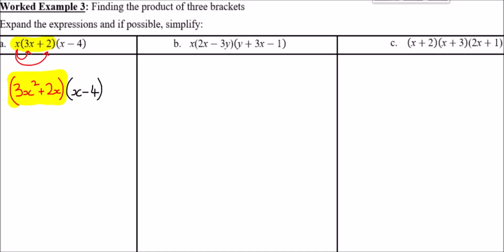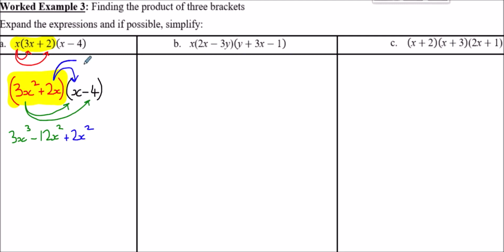Now we've done that, we can carry on and work through like we did for worked example 2. So we can multiply the 3x squared by x, which gives us 3x cubed. Then 3x squared multiplied by minus 4 is minus 12x squared. And same idea with a plus 2x. So plus 2x multiplied by x is positive 2x squared.